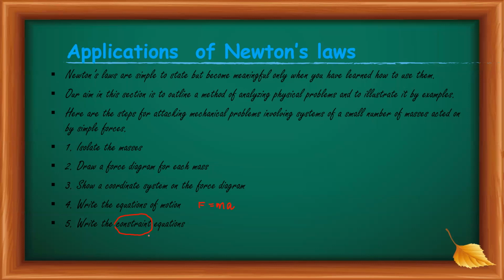That is a constraint, because as that length is fixed, the bob of the pendulum moves in a part of a circular path.